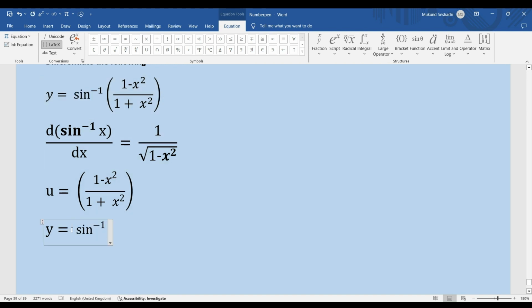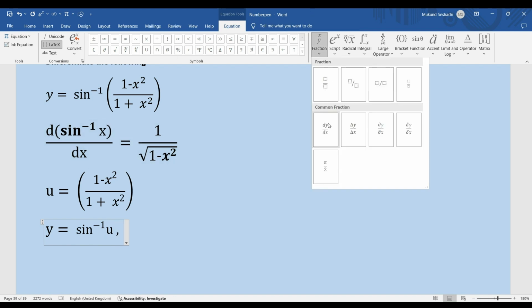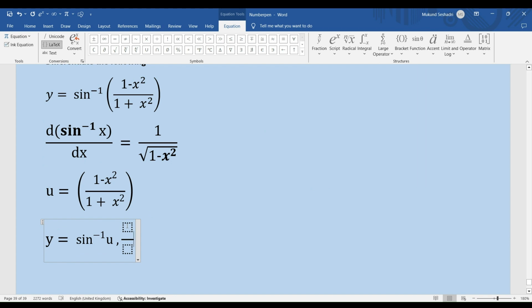y equals sine inverse of u, which means I can figure out my dy by du, right? So if y equals sine inverse of u, my dy by du equals nothing but 1 by square root of 1 minus u squared, right? So this is what I have.